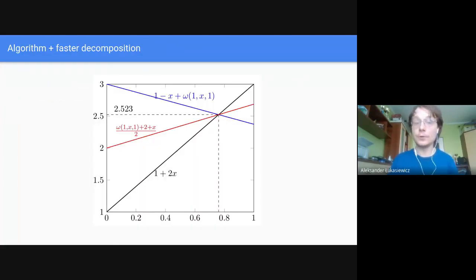And now if we look at the graph of complexities, this actually gives us an improvement over the previous algorithms. And this, combined with the best currently known bounds on omega 1x1, gives us the claimed n to the 2.447 algorithm.